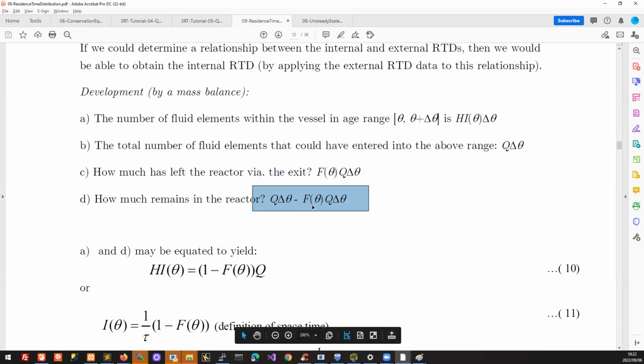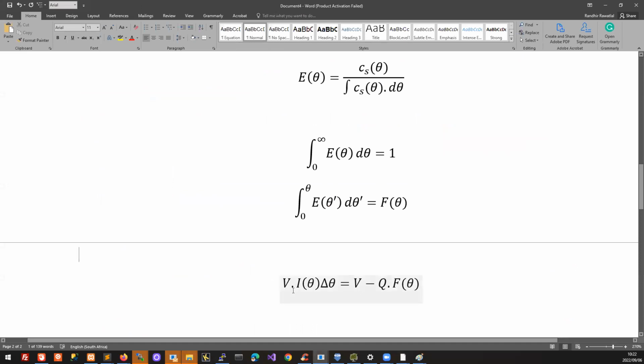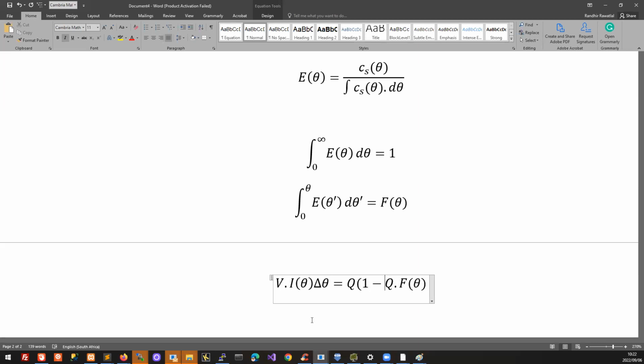So if we group out the Q, then we can say that Q delta theta equals, well, let's do it here. I'm using a V instead of an H, so that's volume. I'm doing it as if it's a volume. And here I should have said Q. So Q times 1 minus F theta, and then times delta theta.